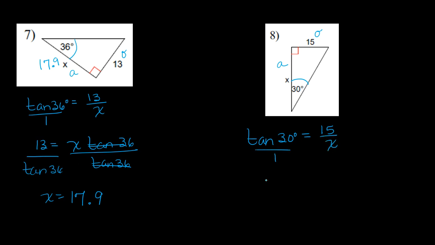We're going to cross multiply. We're going to divide each side to get x by itself.